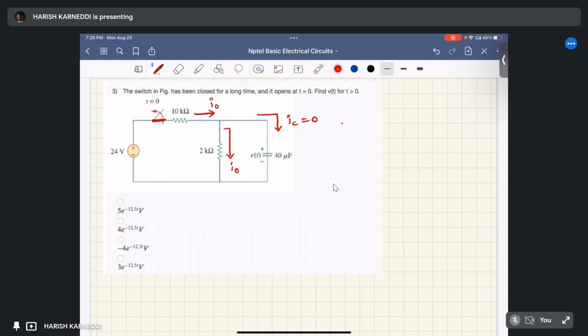What is the current? These two resistances are connected in series, so we can apply KVL: I0 equals V by R total. R total is 10 kilo ohm plus 2 kilo ohm, and V is 24 volts. So 24 by 12 kilo ohm equals 2 milliamp.